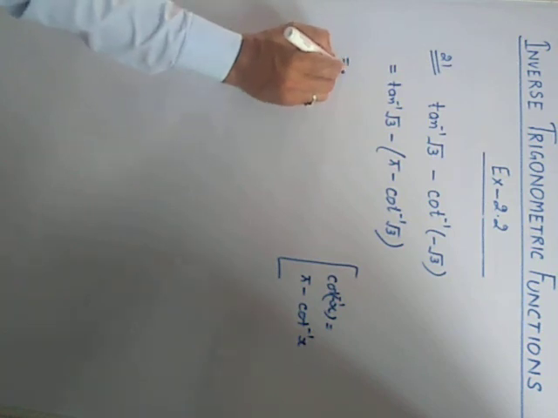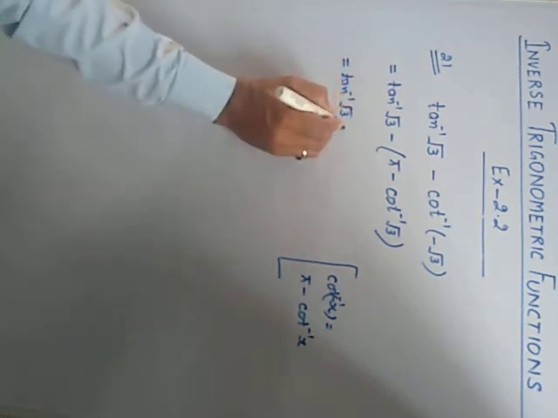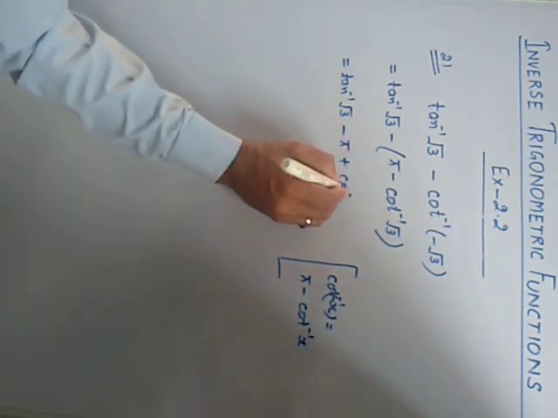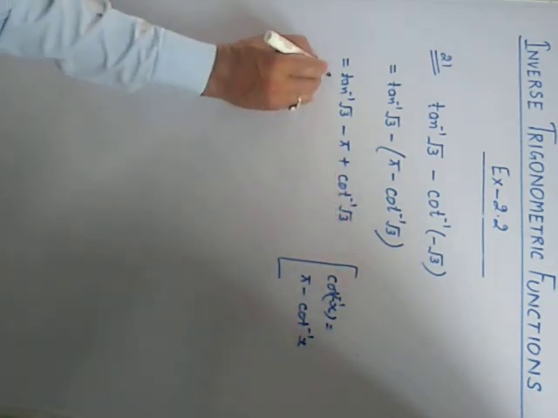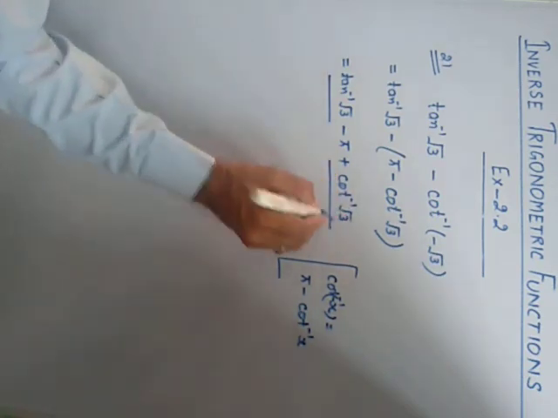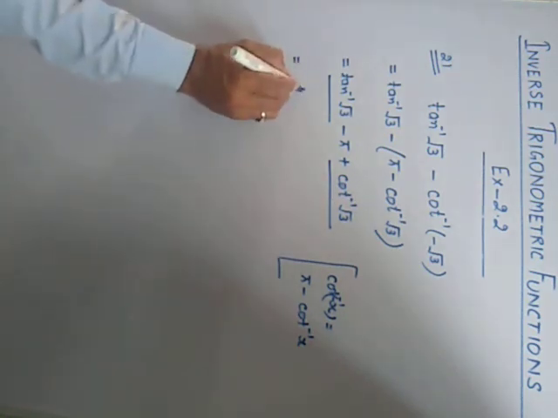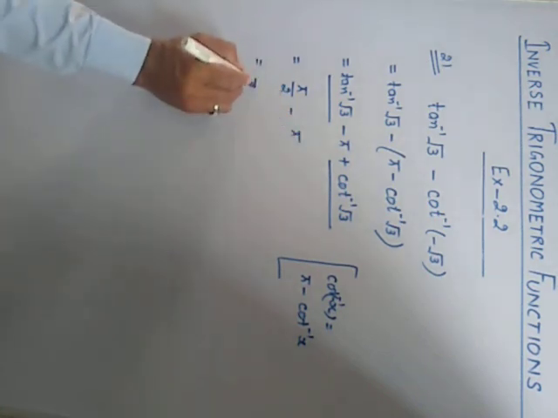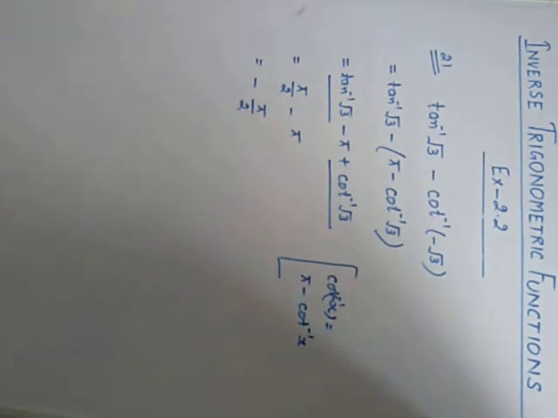Now open the bracket, tan inverse root 3 minus pi plus cot inverse root 3. You know that tan inverse theta plus cot inverse theta is pi by 2. So pi by 2 minus pi, which equals minus pi by 2. This is the answer of question number 21.